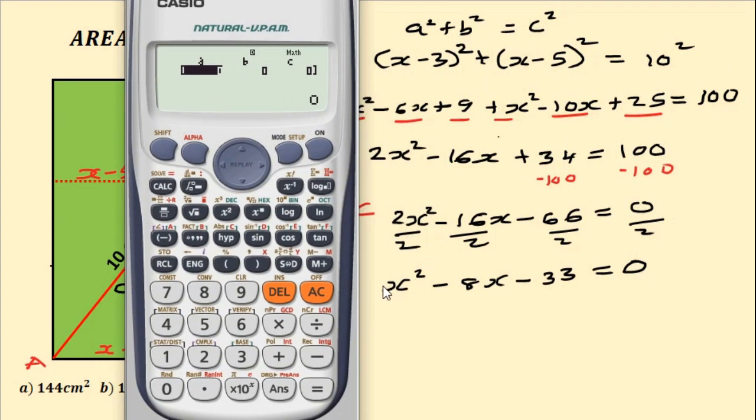So you can see the coefficient of a there is 1, so a is 1, then b is negative 8, then you press the value of c is negative 33. So you get the first solution of x is 11 and the second solution of x is negative 3.